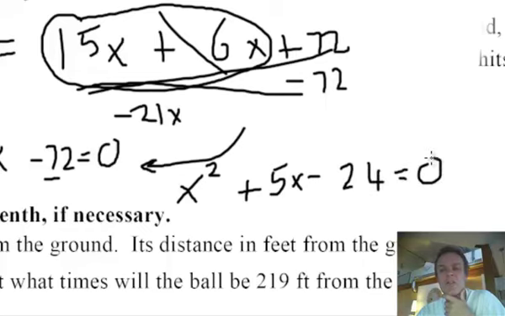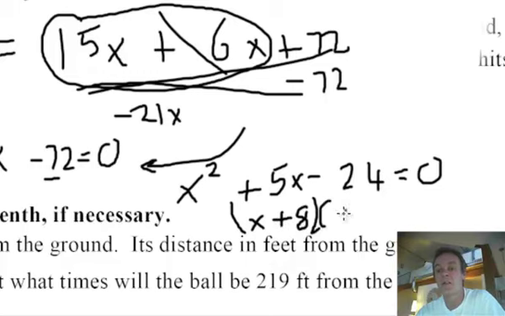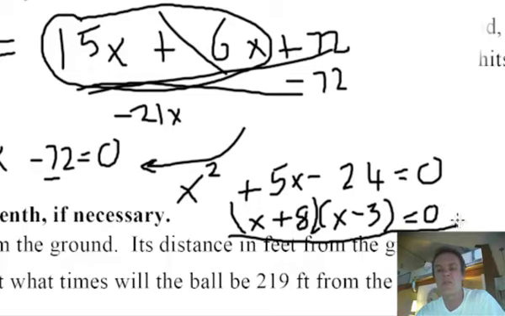Now, fortunately, folks, no quadratic formula, it'll factor into x plus 8 and x minus 3. Two numbers that multiply to negative 24 and add to positive 5. There you go. You have that right there.